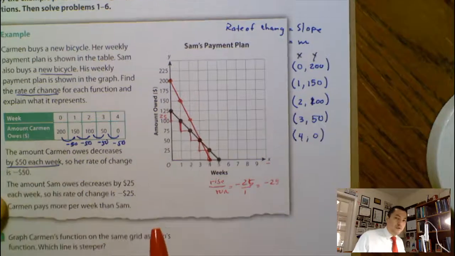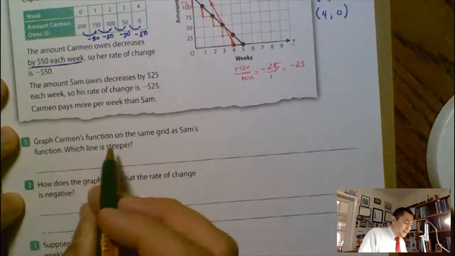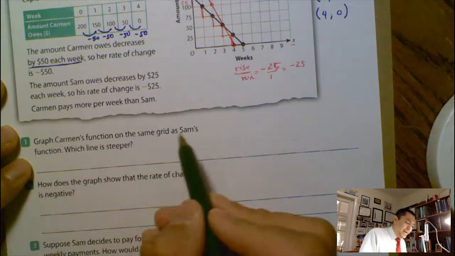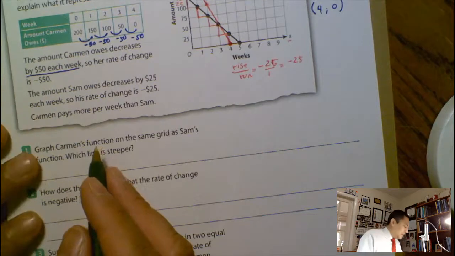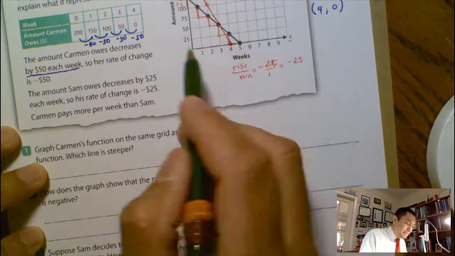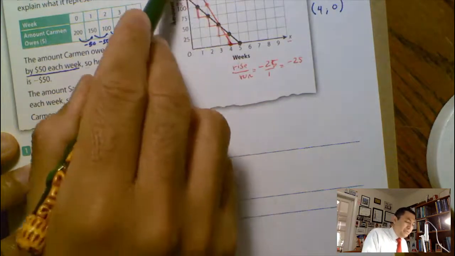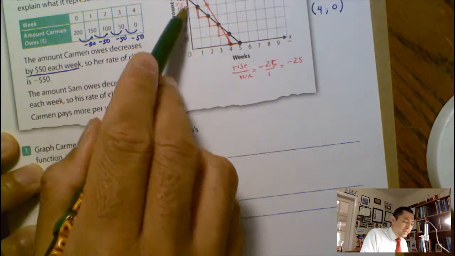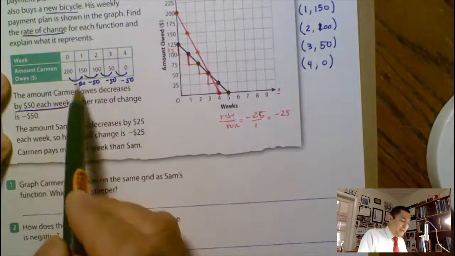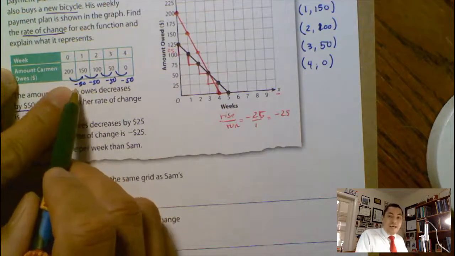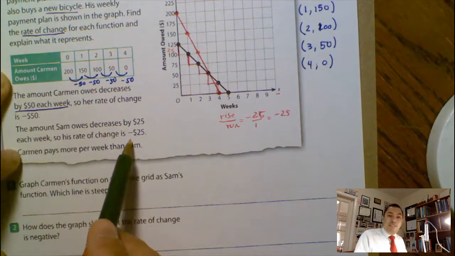So let's answer the first question. Knowing all that information from the graph, it says graph Carmen's function on the same grid as Sam's function. Which line is steeper? As we can see, Carmen's line is steeper. It's going down faster than Sam's line, because Carmen's rate of change is negative 50, and Sam's rate of change is negative 25.